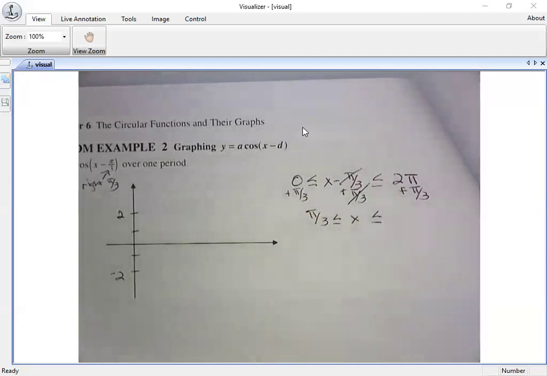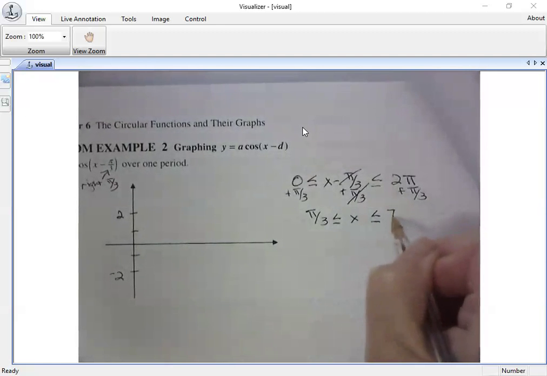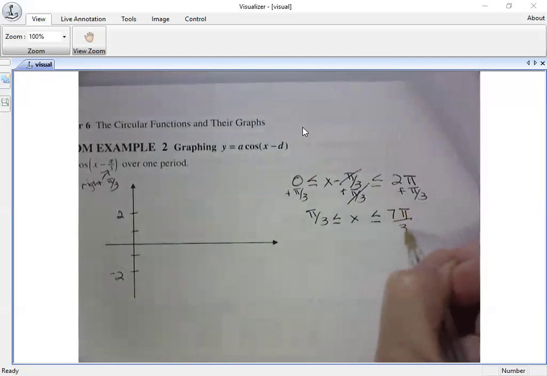Where will it end? And give it to me as an improper fraction. What would 2 pi plus another pi over 3 be? You got it, guys? 2 pi plus another pi over 3 is 7 pi over 3. Now, does everybody understand how to get that?